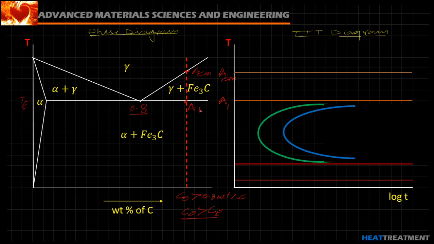Also we have the horizontal lines for the case of martensite start and martensite finish. Similarly, we have two curves for the start of the gamma plus pearlite, gamma plus bainite, and this is the region where we are having alpha plus Fe3C.